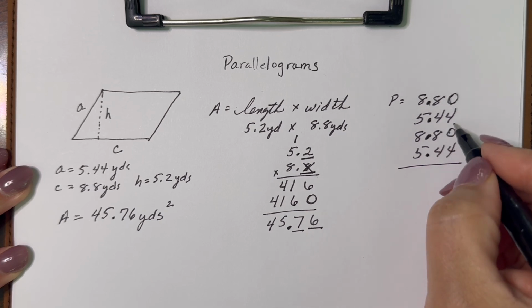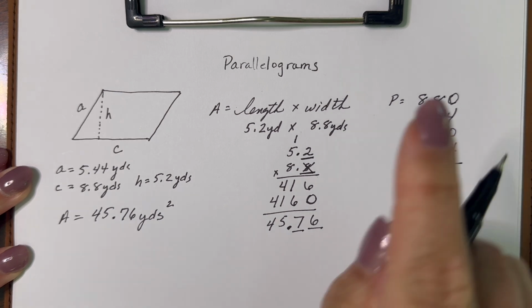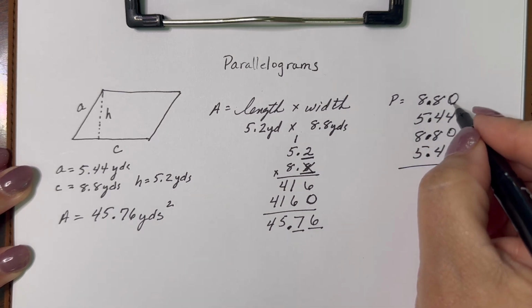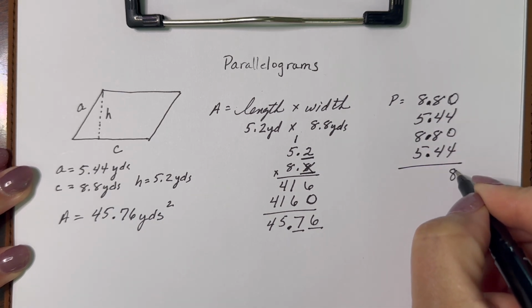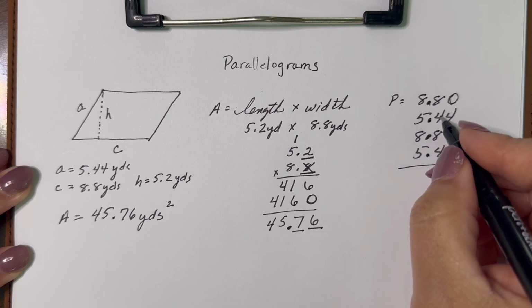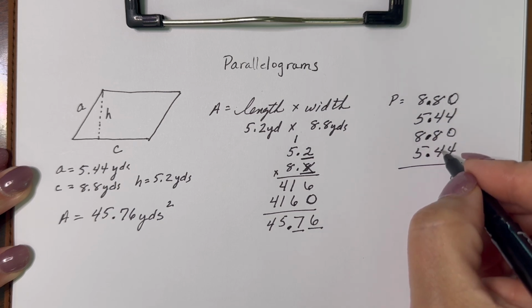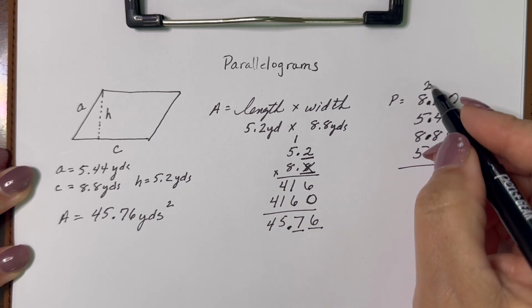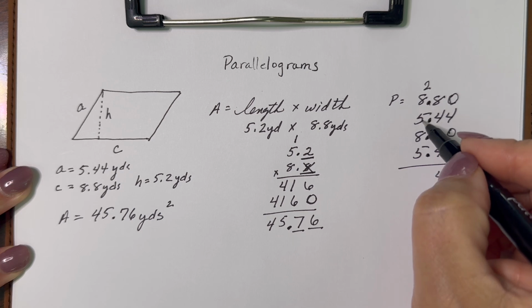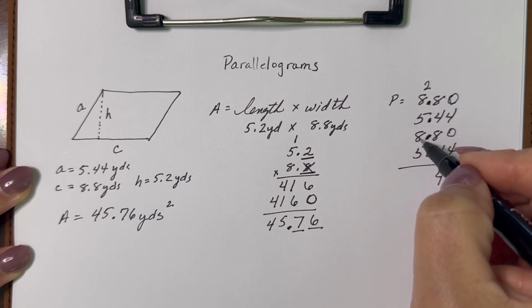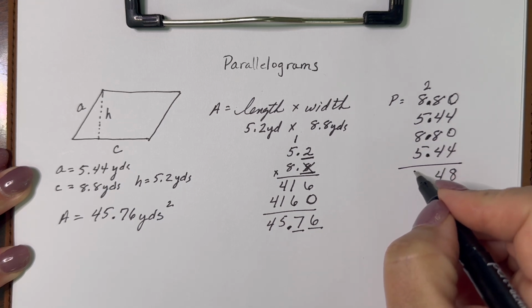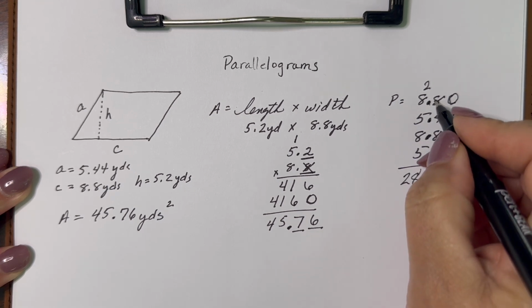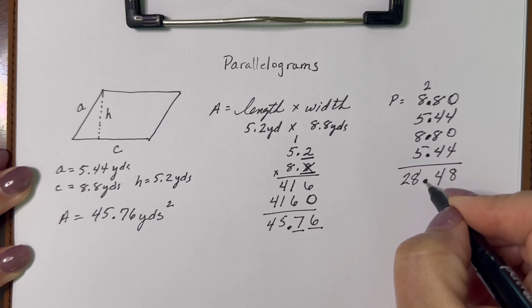And that helps it so it's all lined up nice and neat. That's super important to do. 4 plus 4 is 8. 8 plus 4 is 12, plus 8 is 20, plus 4 is 24. Carry my 2. 2 plus 8 is 10, plus 5 is 15, plus 8 is 23, plus 5 more is 28. And my decimal just comes straight down when we're adding.